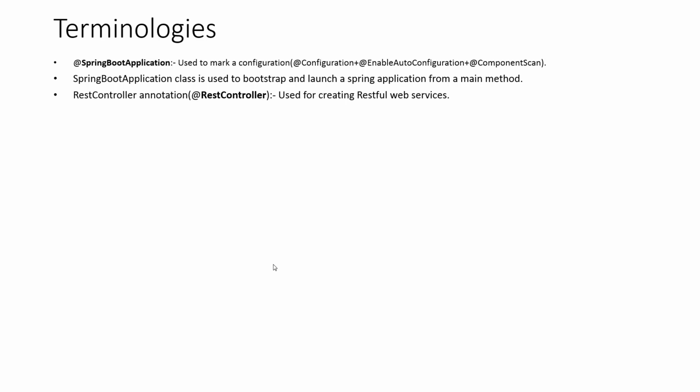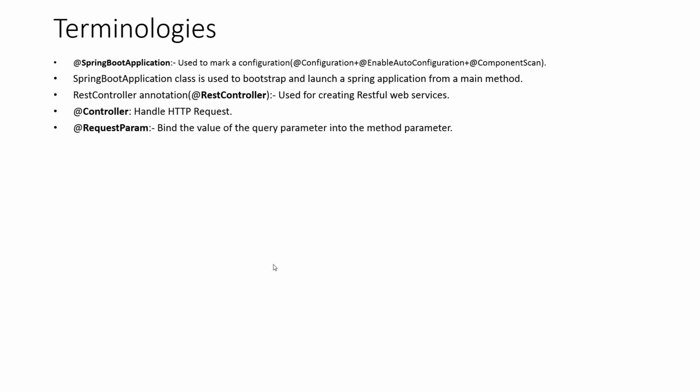That is, it is used for the creation of controllers. A controller handles your HTTP requests. And when I'm talking about HTTP requests, I'm talking about your get, your put, your post, and your delete. So the controller annotation helps us with the HTTP requests.